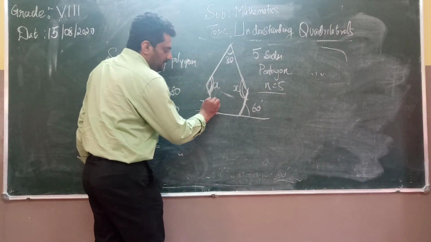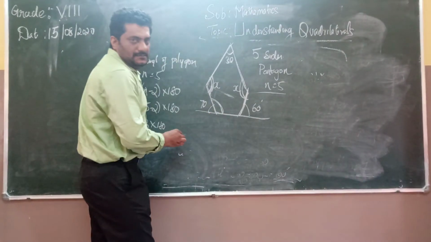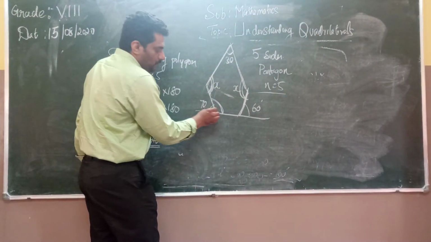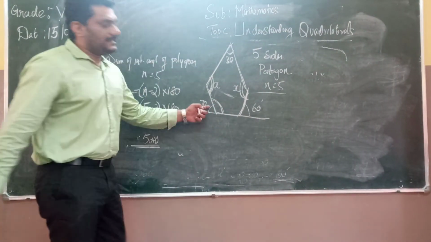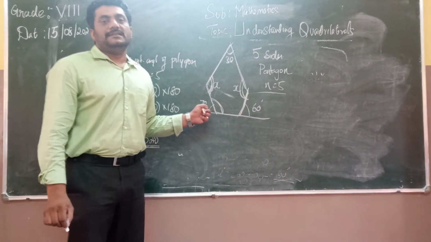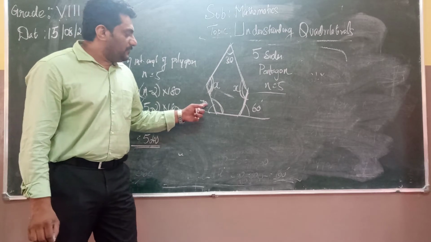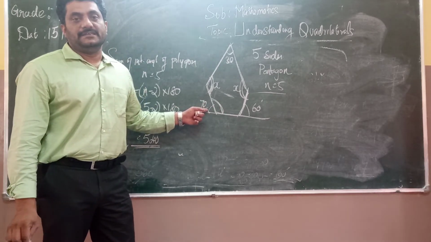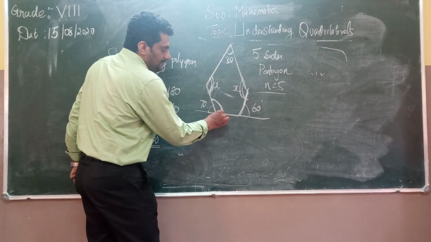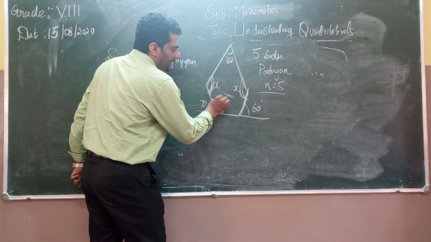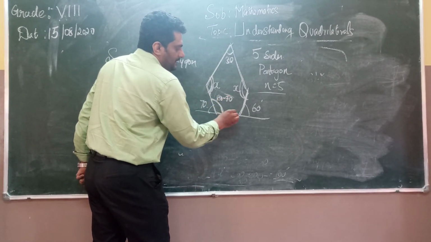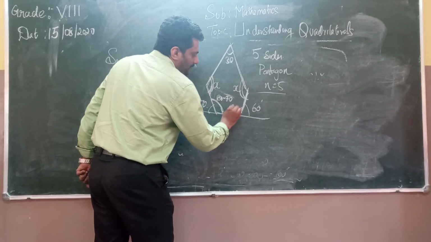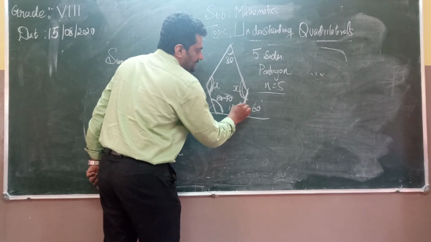Now here, if you see this angle, they have not given it. How do we find these two angles? When we add these two angles, what kind of angles are these? These are called a linear pair. That means when you add these two, you get 180 degrees. So that means this angle will be 180 minus 70. And this will be 180 minus 60.